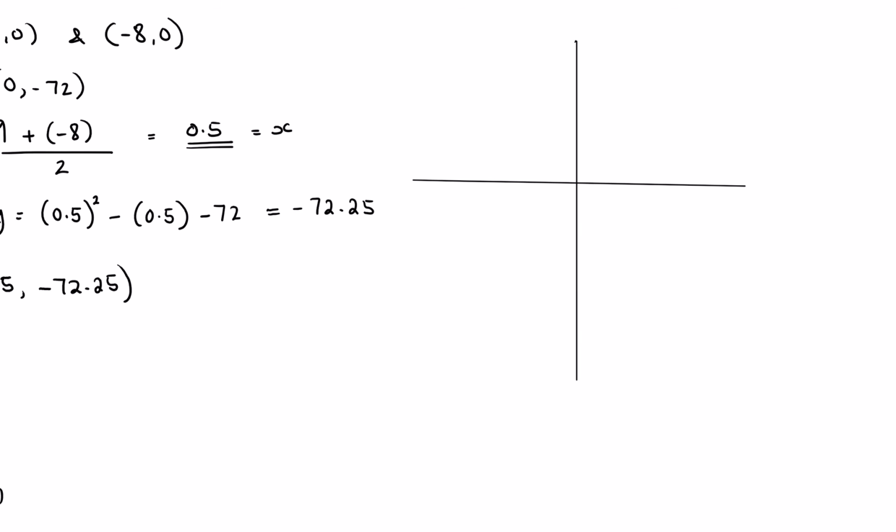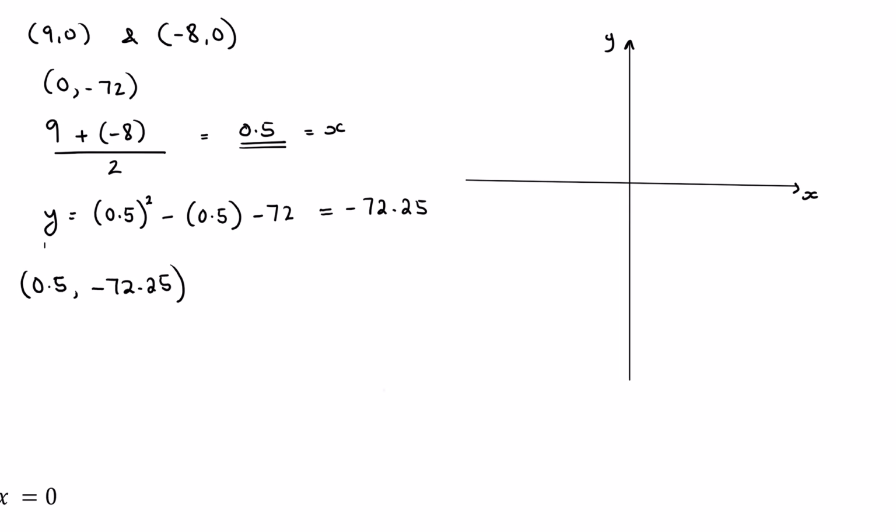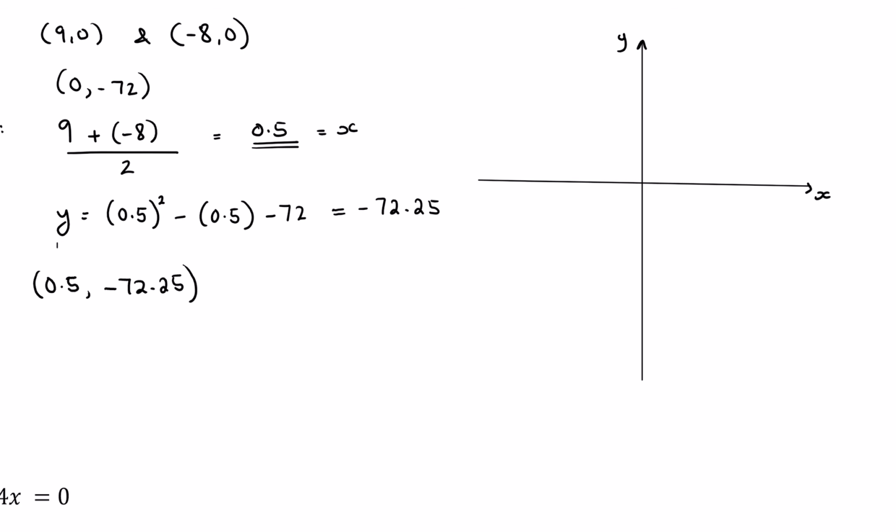There we are. So we've got x and y. Always label your axes. And you have got 9 and minus 8. Okay, so that's, let's do it a little bit differently. There we go.